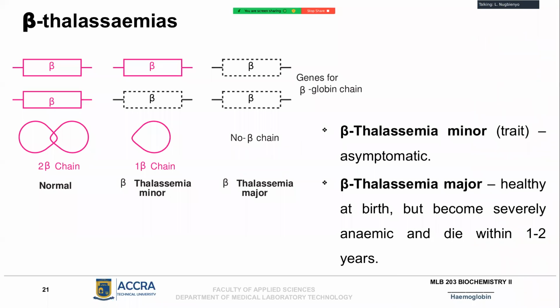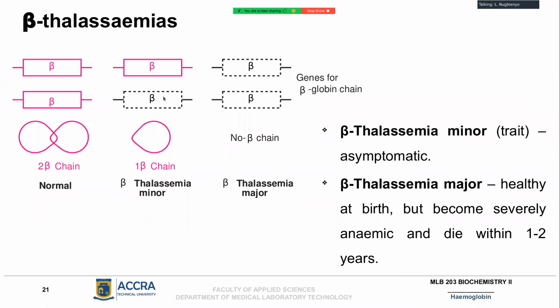But if you have two genes that are missing, two beta globin genes missing, and remember, this is genetic, a condition which is being inherited, it's not something that you can say taking some drugs and things like that, and then you'll be okay.